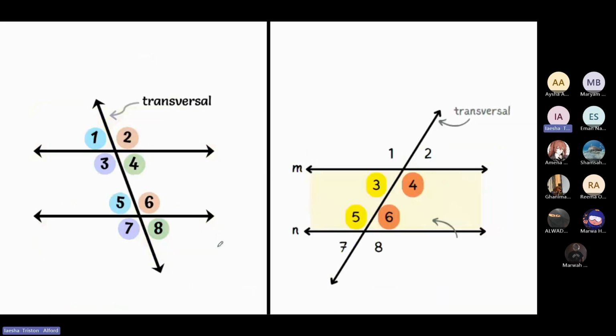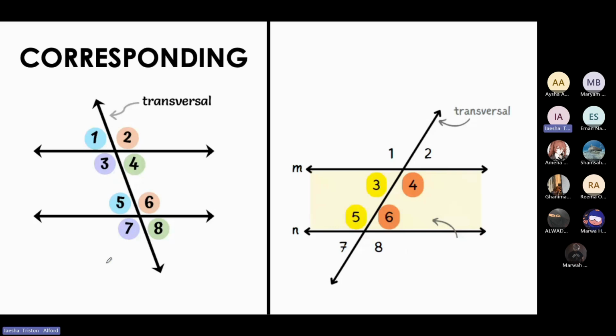Then we have 1 and 5, or 2 and 6, or 4 and 8, or 3 and 7. They have a name. Corresponding. How do we know it's corresponding?